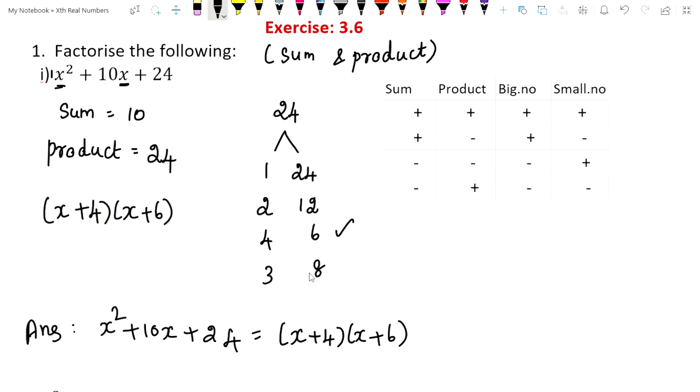After that write all the factors. In those factors, we need to find which is apt, using this tabular column. Here both are positive, so I added and found it. 4 plus 6 we are getting here, so 4 and 6 are the factors for the given question. You understand, children? See the next one.